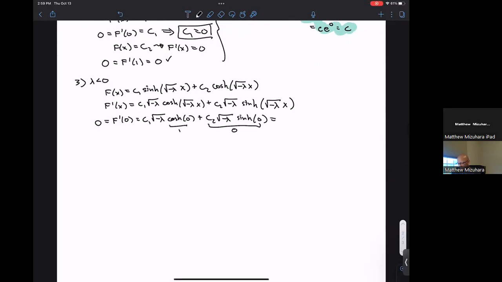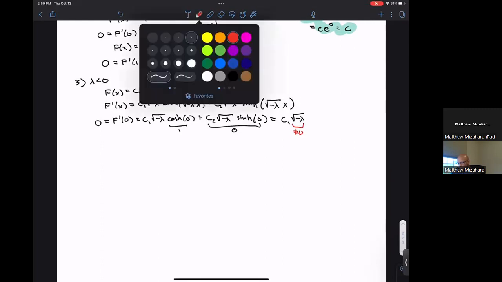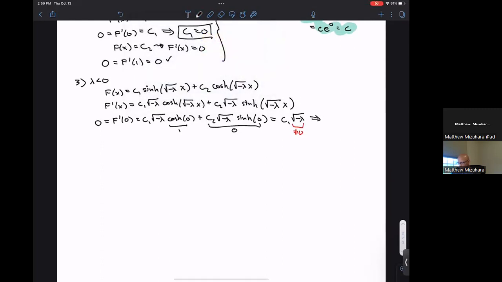And so this simplifies to c1 root minus lambda. Just like a previous case, we know that the root minus lambda is non-zero, which means it must be the case that c1 is 0 for this to hold. Okay, so my function f now has simplified a little bit. It now is made entirely of cosh functions.